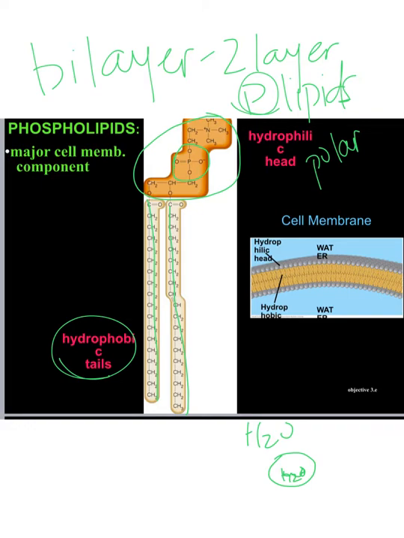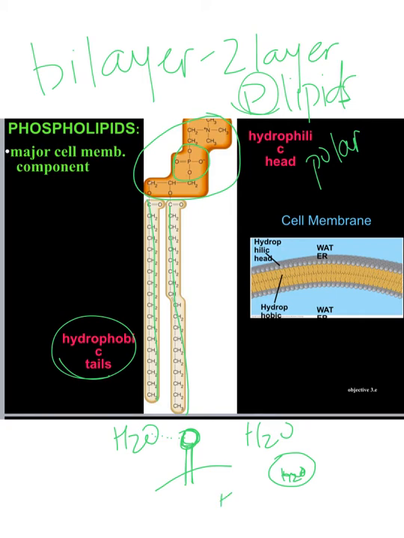So in order to do that, we need these hydrophilic heads on both the inside of our cell and the outside of our cell. So if we just had one layer of a phospholipid, where this was my hydrophilic head and these are my hydrophobic tails, and if this was our membrane right here, we would be okay on the outside where we had mostly water because our water would interact with our hydrophilic head.